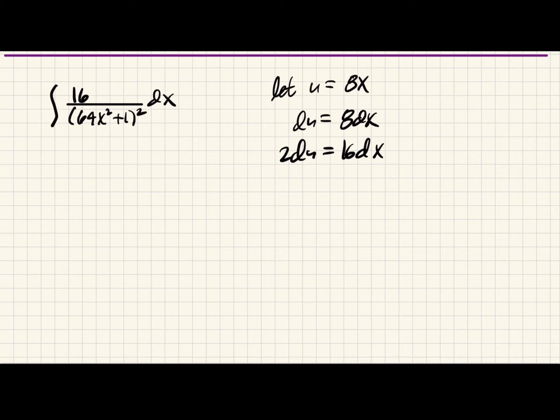And u squared will be, and so we have integral, we have 2, we have du, and we have 1 over u squared plus 1 squared, don't we?